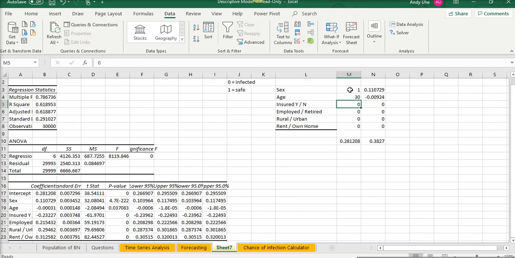If they're insured or not insured, then you see it gets a lot closer to 0. So not having insurance is coded as a 1. And so forth. So you can see the probability that someone is safe. This person is extremely safe versus someone who has these characteristics is close to being infected.